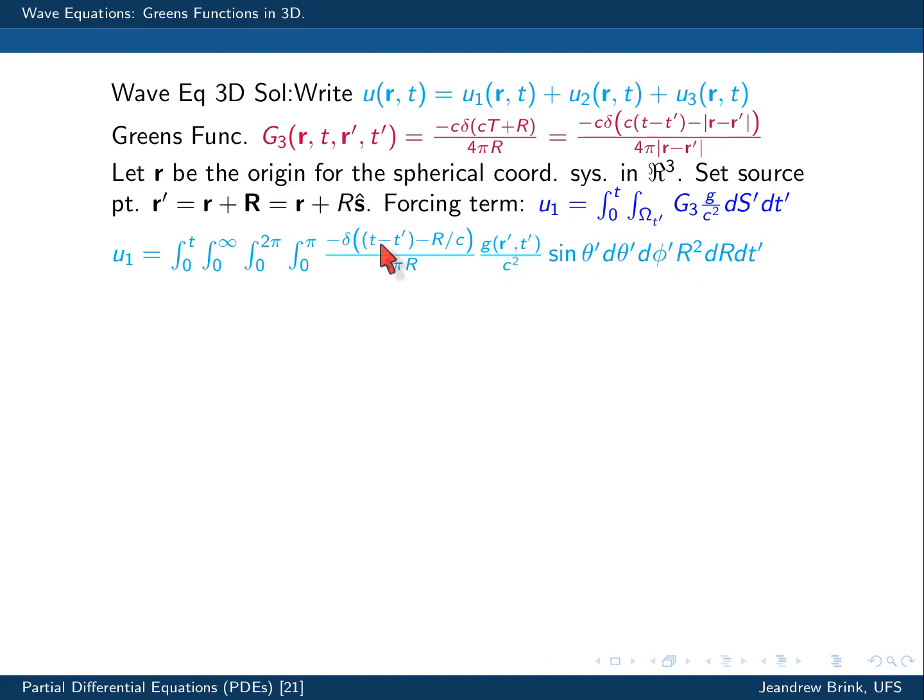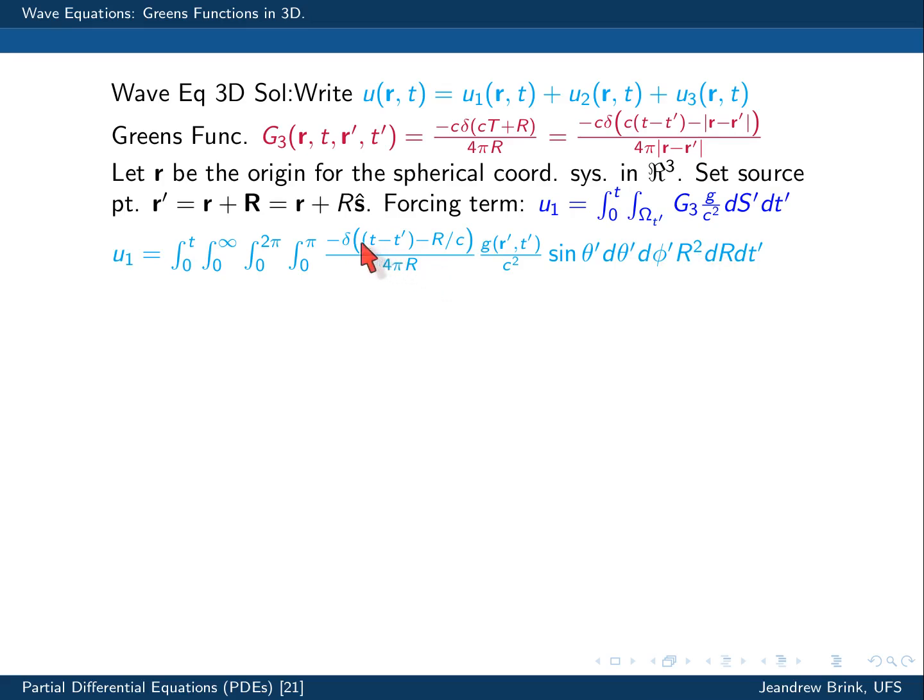The great thing about a delta function is that if you put it under an integral sign, you simply have the value at the point at which the delta function is 0. So here we actually have two choices, and the integral we're going to choose to evaluate is the t prime integral. That will spare us from evaluating over all the time.